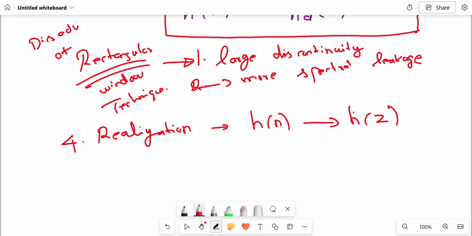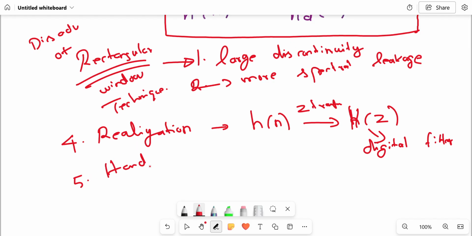This H of z, the system function, will be in digital form, so this is the digital filter. For realization, take the z transform of h of n to get H of z. It is the system function of the digital filter. Then the hardware realization.